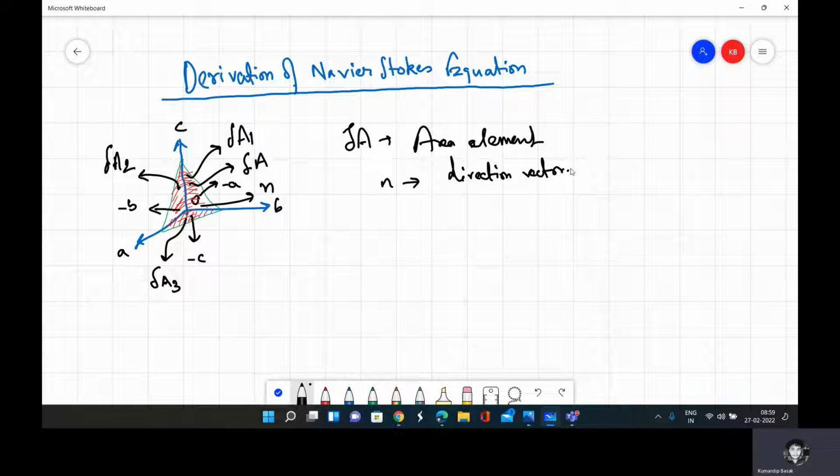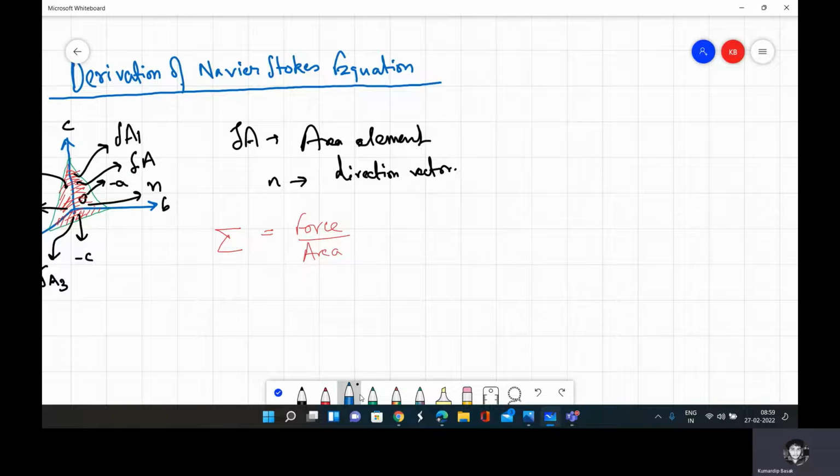Okay, now let's define a stress quantity. We define a stress quantity as sigma. What is this sigma? This sigma is a representative of some force per area. Let's consider a force dF acting on any surface.